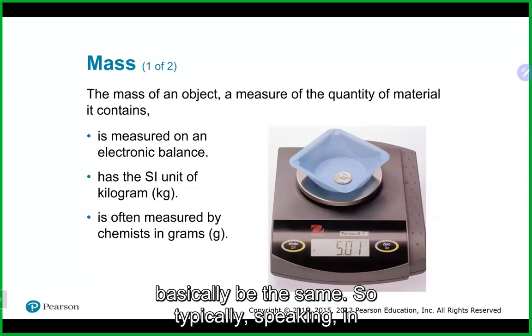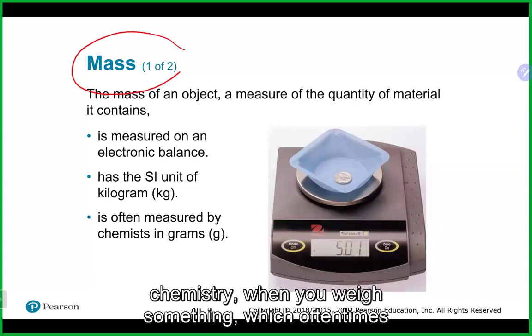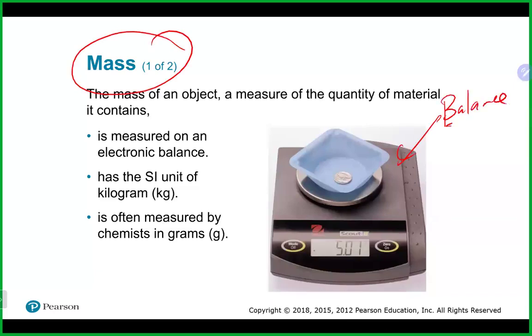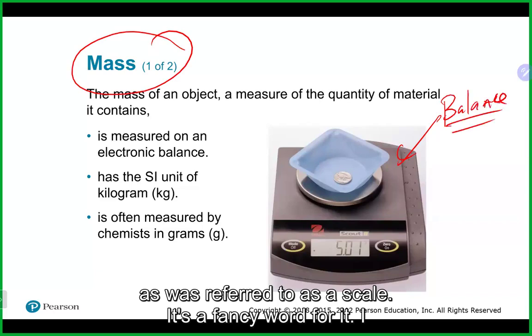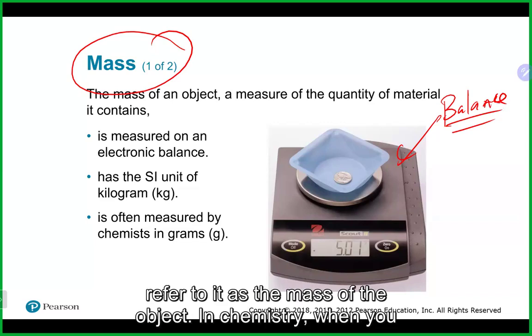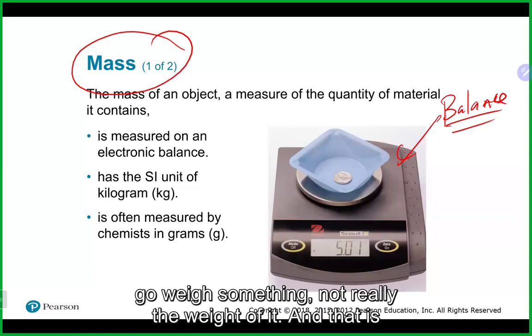So typically speaking in chemistry, when you weigh something, which oftentimes confuses people, we use a balance to weigh things. That is what is referred to as a scale. It's a fancy word for it, I suppose. We use it to get the mass of an object. So you should refer to it as the mass of the object in chemistry when you go weigh something, not really the weight of it.